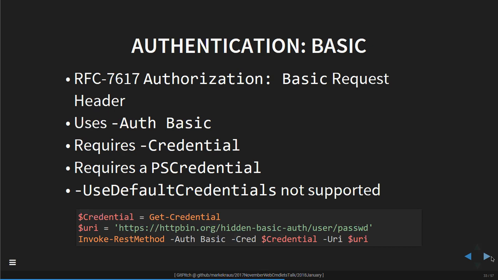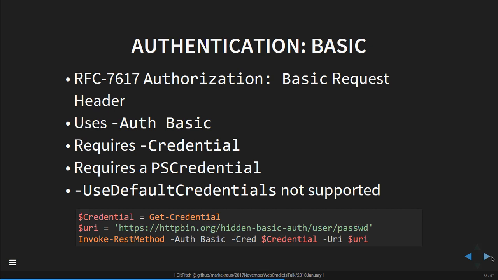Just to go into each of these, the authentication basic is an RFC 7617 authorization basic request header. You use the Auth parameter, and it requires the Credential parameter, which takes a PSCredential object. It does not support UseDefaultCredentials, so you can't pass through your Windows login username and password using this method.